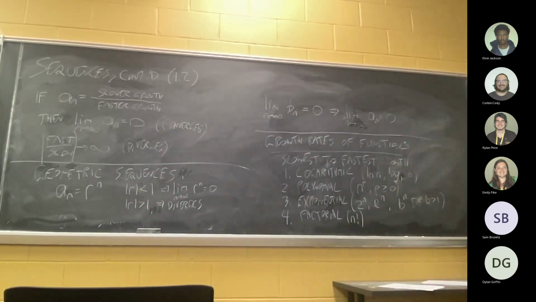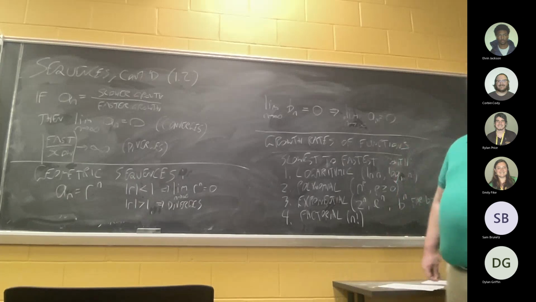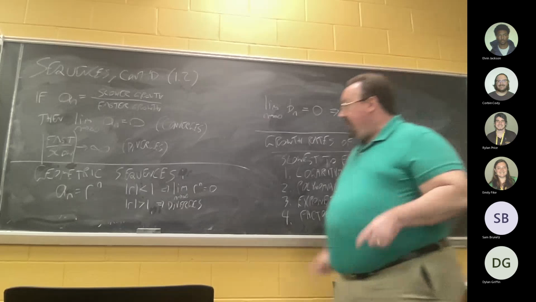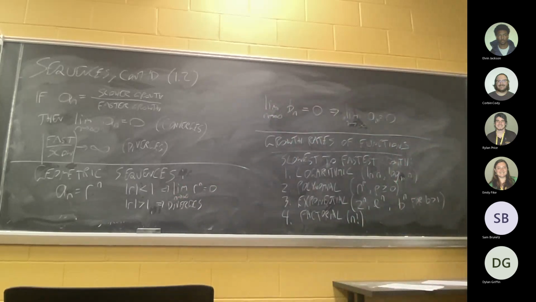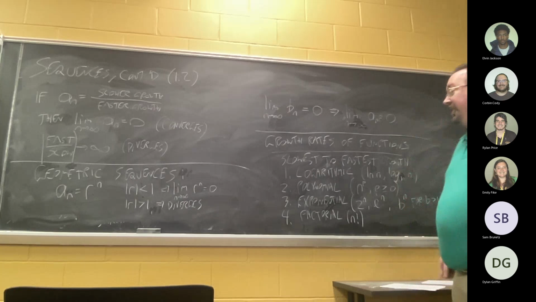I'm not saying what the limit is, just because it depends. If r is larger and positive, it will go to plus infinity. If it's negative, but absolute value greater than 1, for example -2, it doesn't even have an infinite limit, because it's going to go back and forth between positive and negative values. So it's totally all over the place. The point is, it still diverges.